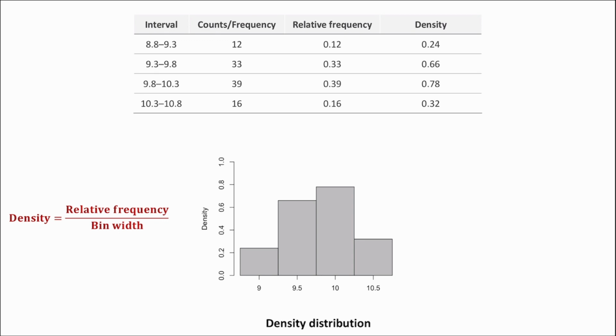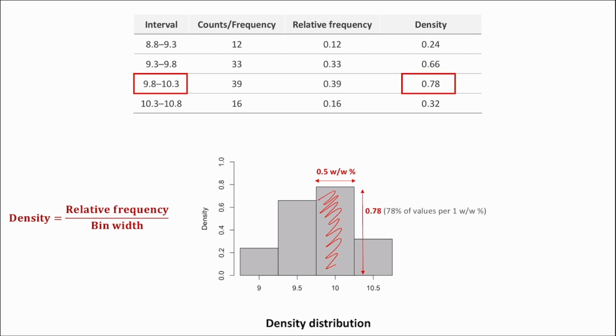What else is important? Like in a frequency distribution, the width of the bar when we represent the density distribution as a bar plot is the width of the interval, right? But the height is density. What does it mean? If the height is density and the width is the bin, the area of this bin will be the relative frequency.